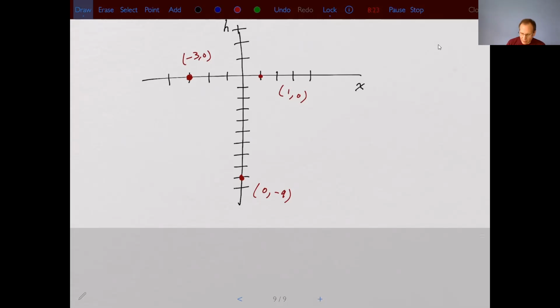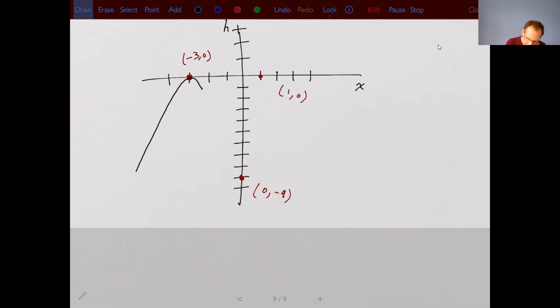It must just touch the x-axis and bounce off of it. So the question is, which way do we draw that graph? Well, we also know that as x gets really, really small, h is going towards negative infinity, right? So we know it's coming from negative infinity like this, and then it's got to hit here and look like a parabola.